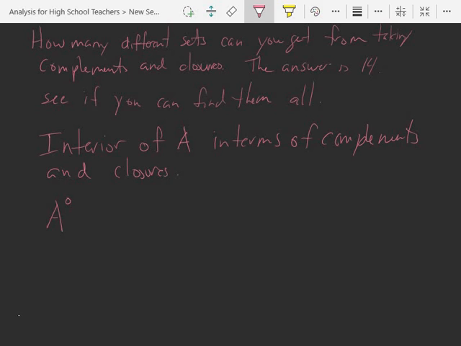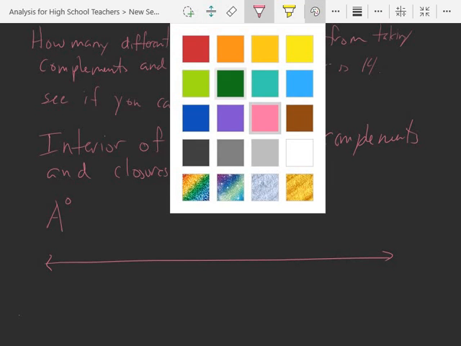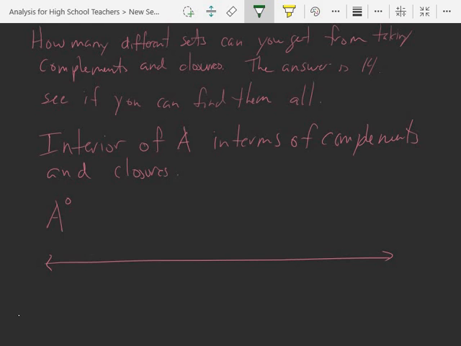So let me draw A again. A was 0, 1. We've got all the rationals in between there.